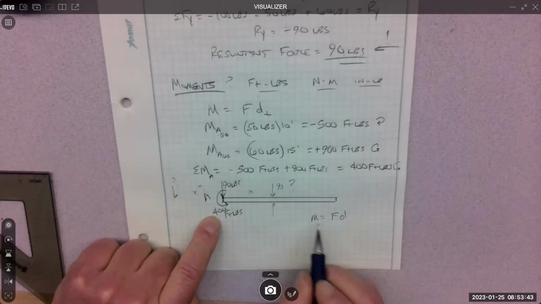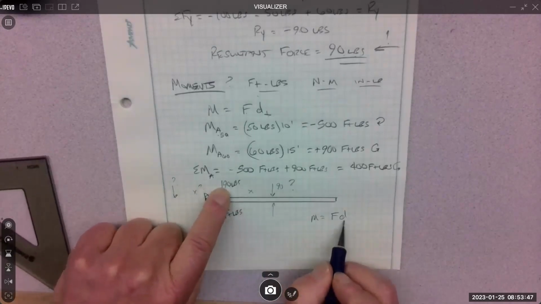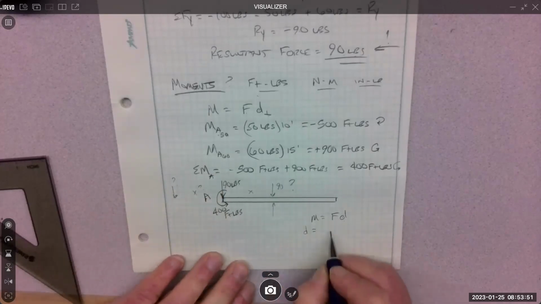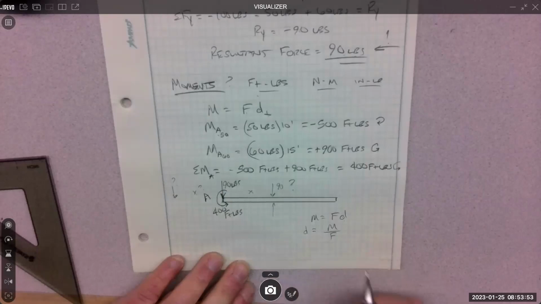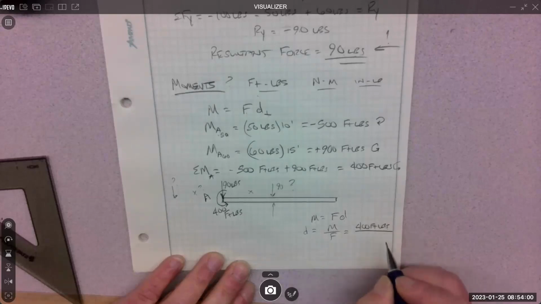Yep. Do we know the force? Yep. Do we know the distance? No. So we solve this for distance and say, oh, it's the moment divided by the force, which is 400 foot-pounds divided by what? 90 pounds, leaving feet.